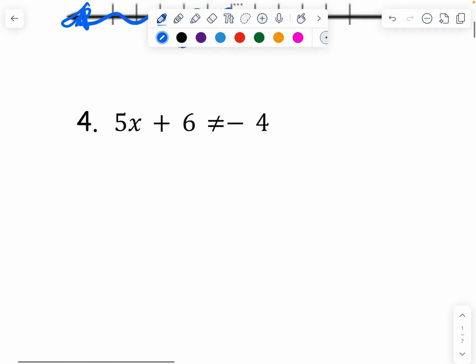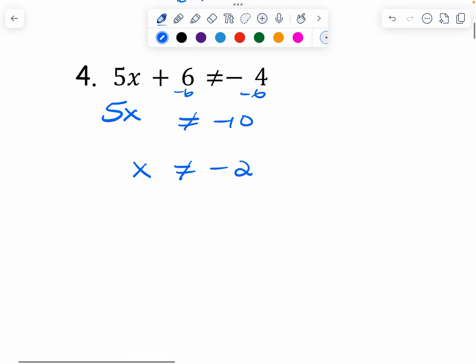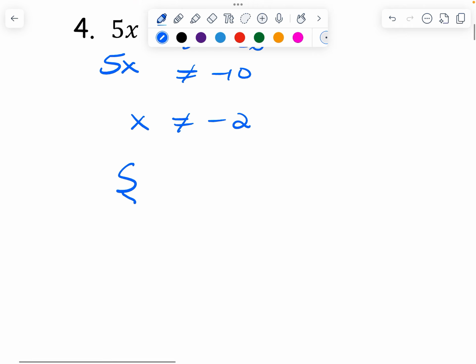Okay, next. 5x, subtract 6, cannot equal negative 10, so x cannot equal negative 2. So, oh, that was horrible. Such that x cannot equal negative 2.